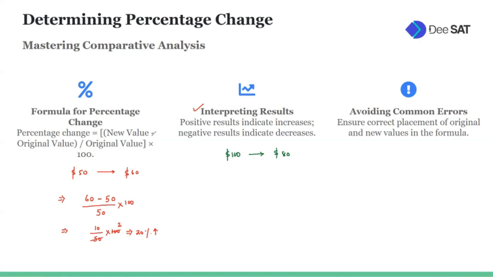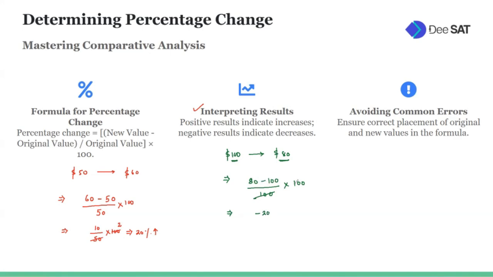Now, be very careful with respect to the new values or the original values. So we'll see that in this case, your new value is 80 and the original value is 100. So what you do is 80 minus 100, whole divided by the value from where the change is happening, 100, into 100. 80 minus 100 will generate negative 20.